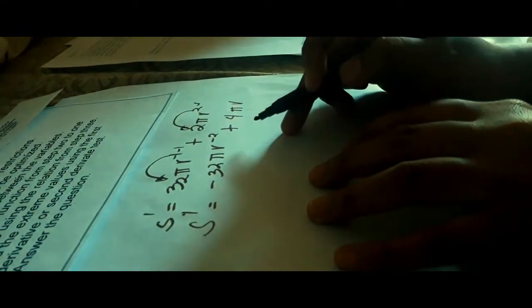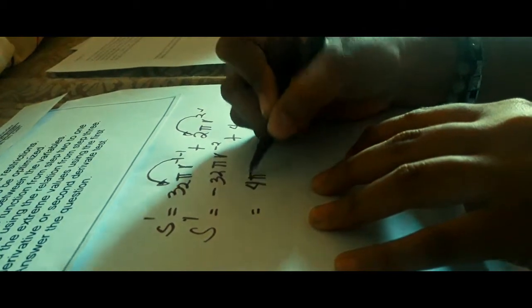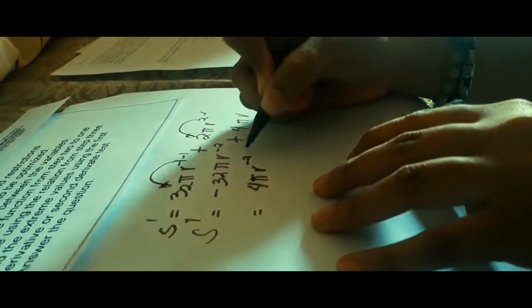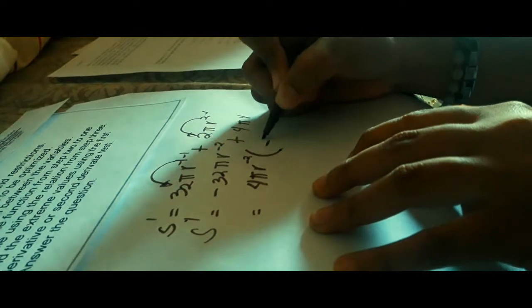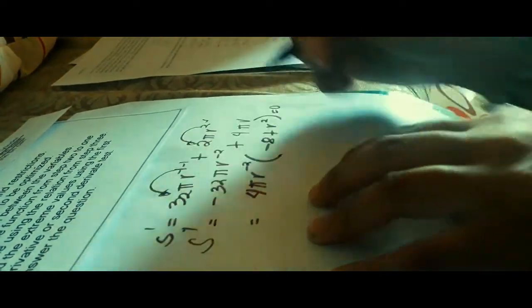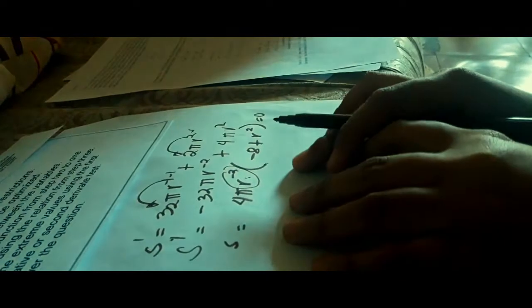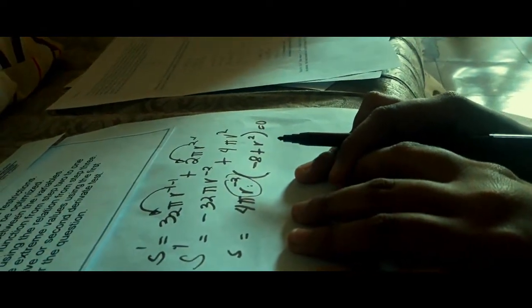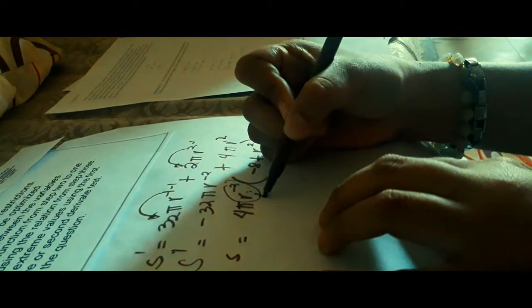We're going to factor out the similarities with this. The similarities for this is 4 pi r to the negative 2. So we have negative 8 plus r cubed is equivalent to 0. Next, we're going to place this downward.